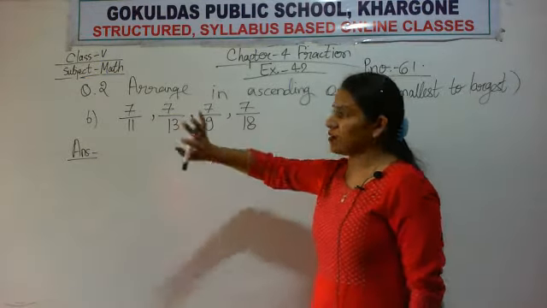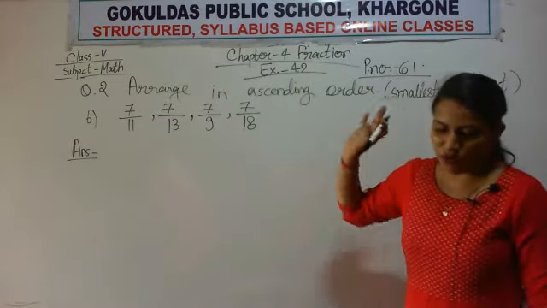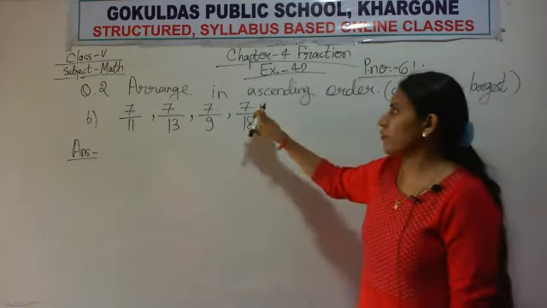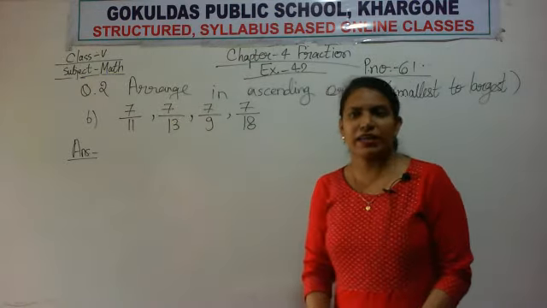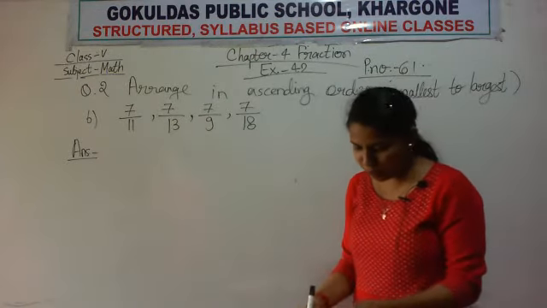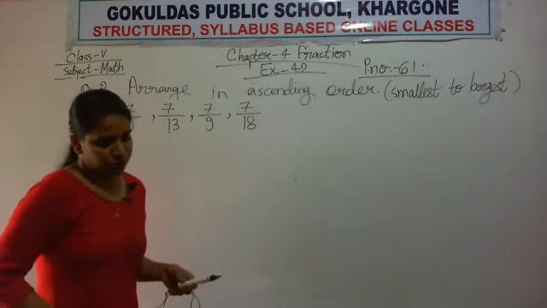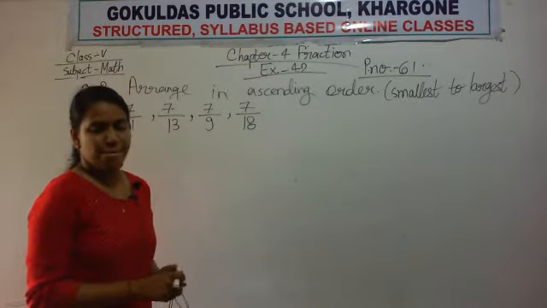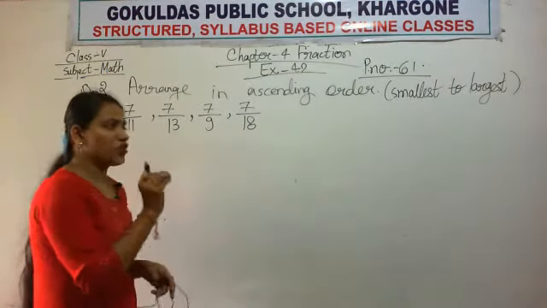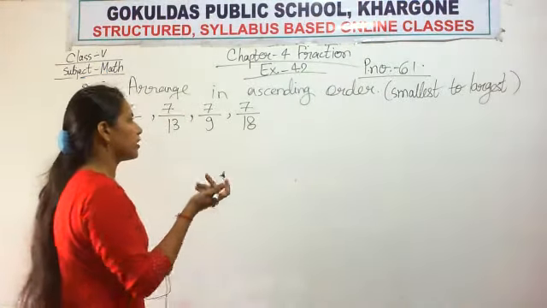Here case 1 is applicable, and according to case 1, if all the numerators are the same, then how do we compare? I explained to you. What do we do? The fraction with the largest denominator will be smaller.